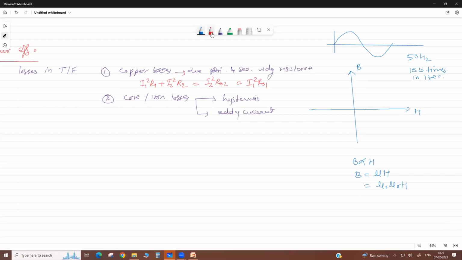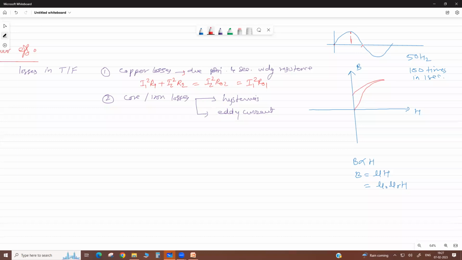When we apply the current, the core is magnetized initially sharply, then it gets saturated. From zero it increases up to the maximum value, so your core is magnetized here. Then when it reduces, the flux reduces.